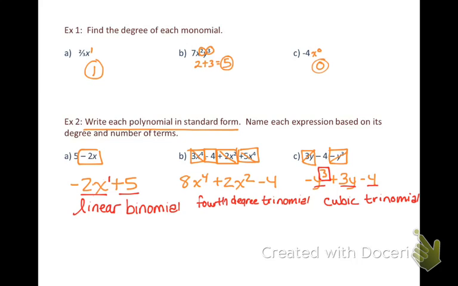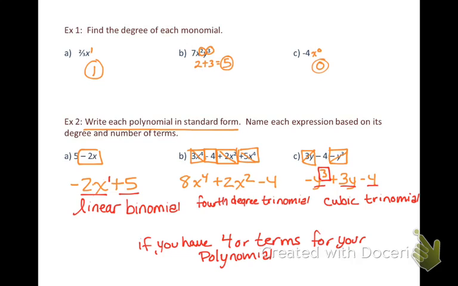For your knowledge, if you have 4 or more terms for your polynomial, you'll write down polynomial with, and then how many terms do you have?